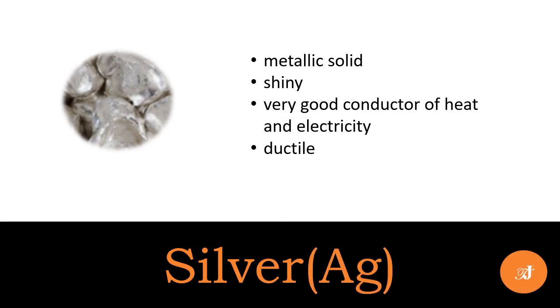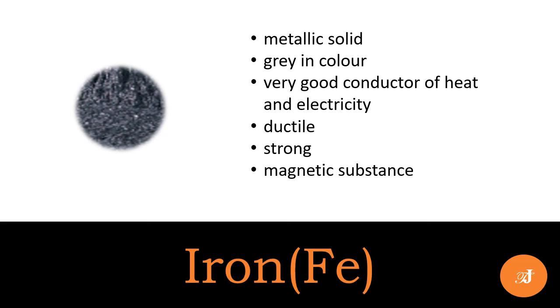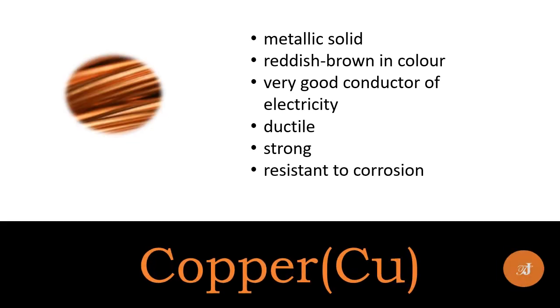Silver. Silver is a metallic solid, shiny, ductile, and a very good conductor of heat and electricity. Iron. Iron is a metallic solid, gray in color, ductile, strong magnetic substance, and it's a very good conductor of heat and electricity. And the last metal that we are going to discuss is copper.